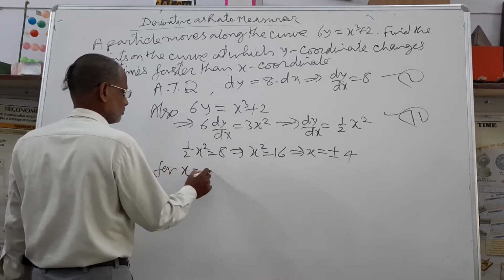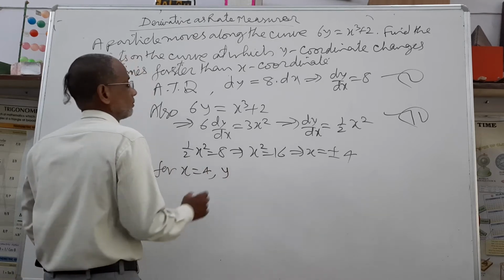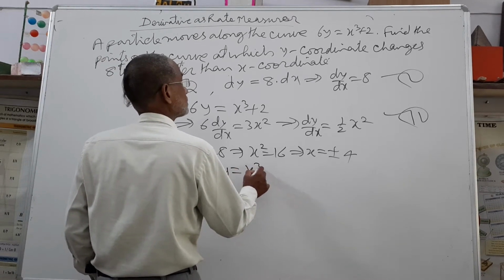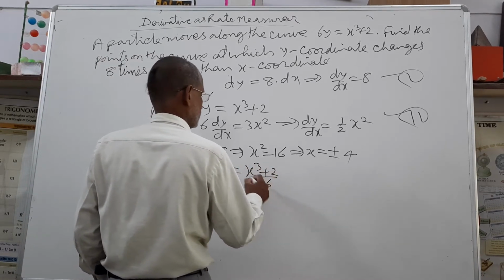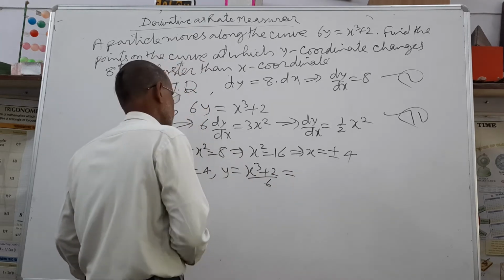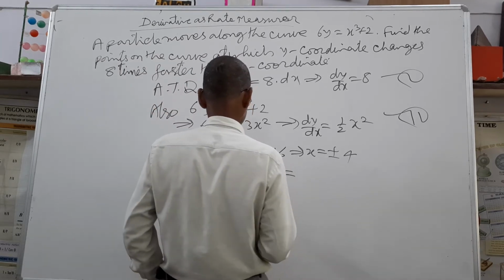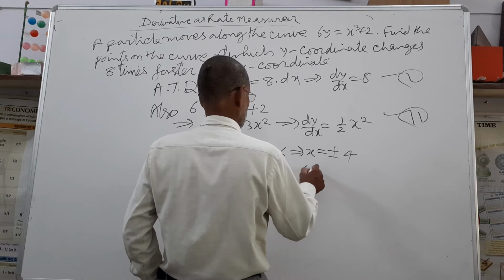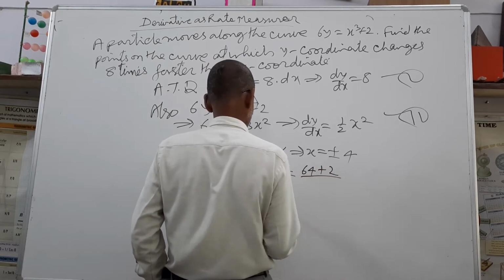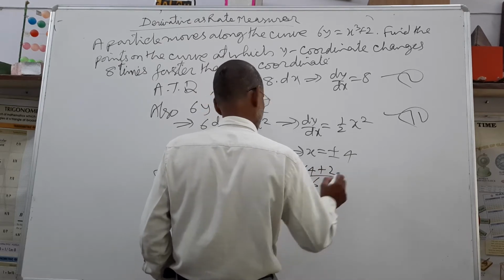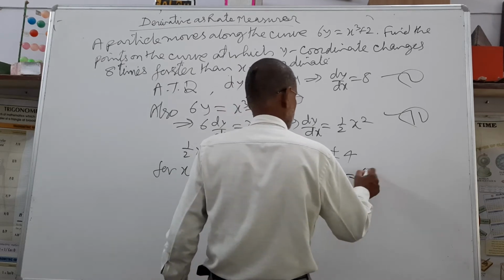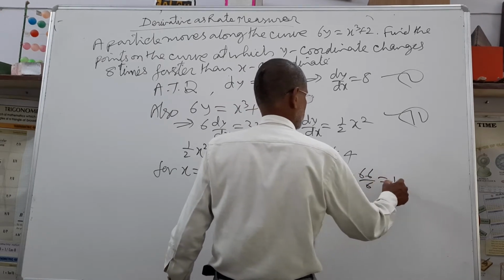For x is equal to 4, y is equal to x cube plus 2 by 6, is equal to 64 plus 2 upon 6 is equal to 66 by 6 equal to 11.